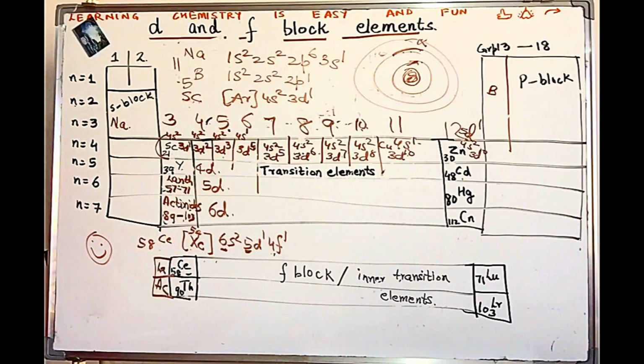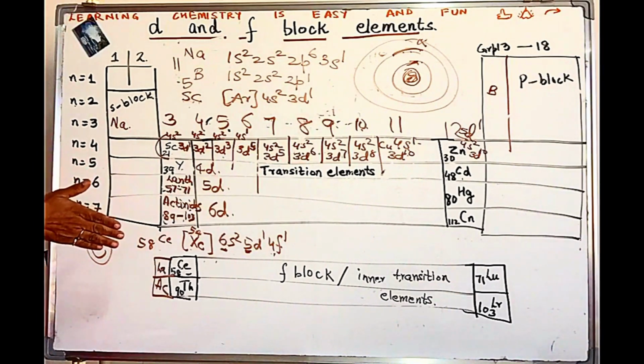This brings us to something very, very interesting, and that is the shielding effect. Again, on shielding effect, there is a separate video on the playlist Atomic Structure. If you've not seen that, I would advise you to refer to it.